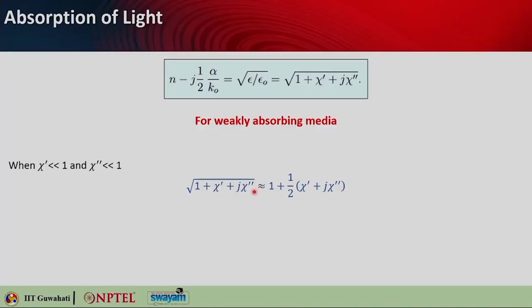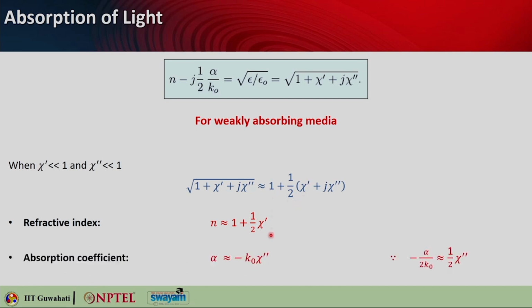You can bring that half in the front, like a Taylor series expansion, and then you can correlate that n is nothing but this real part, which is 1 plus chi prime by 2, and the imaginary part will be the same as this one. So, you can write that minus alpha by 2 k naught is basically half chi double prime.